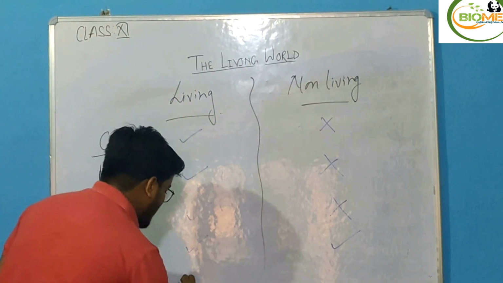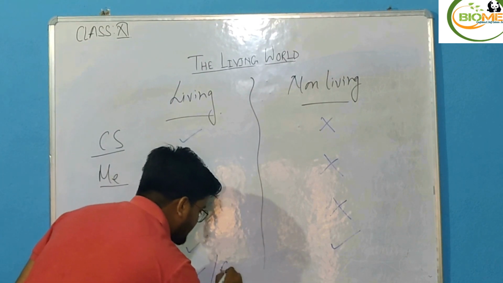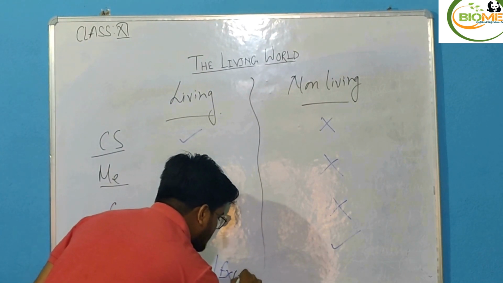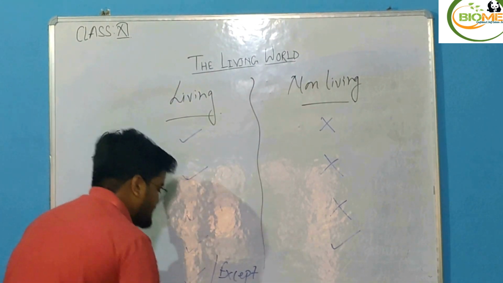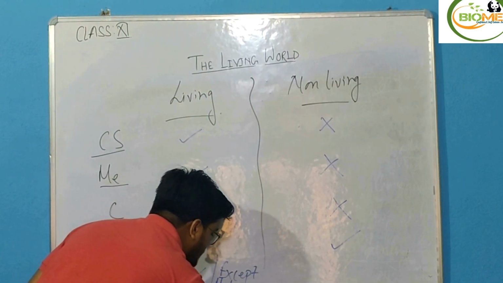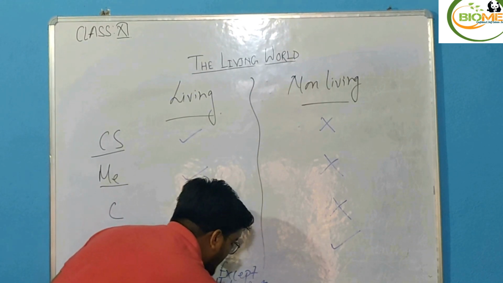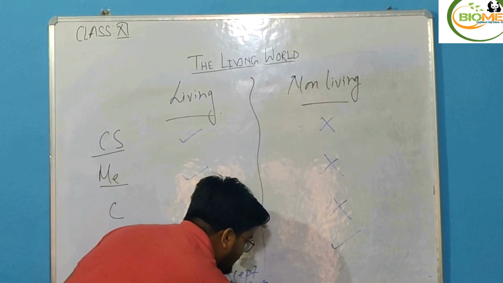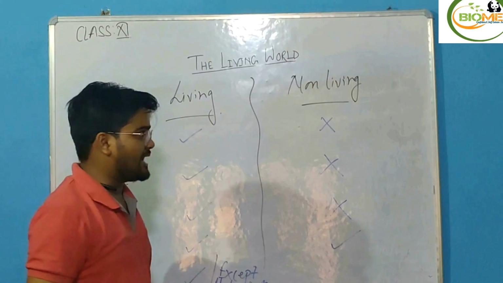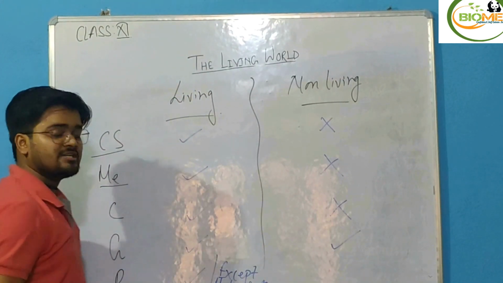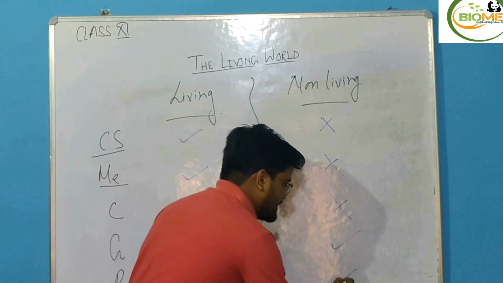So it is present, but with some exceptions: mule, worker honeybees, and a few humans who are sterile. And reproduction is completely absent in all non-living organisms.